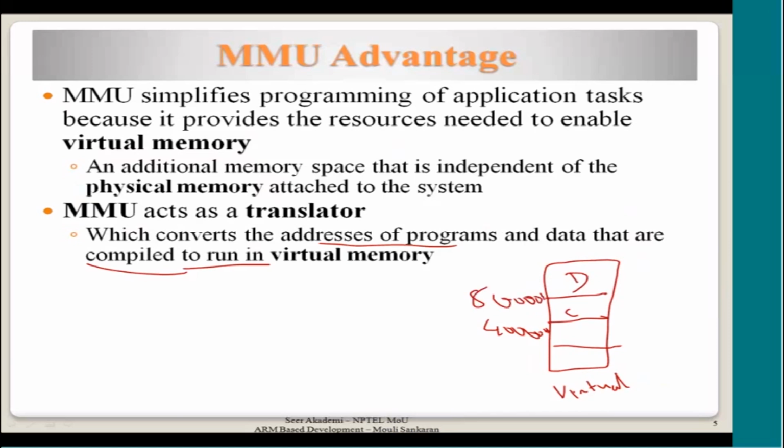Accordingly the code would have been generated to access these locations. What I mean by code generated: suppose an LDM instruction is there, and you have to access the address which is pointed to by R2, and then load it into R1.